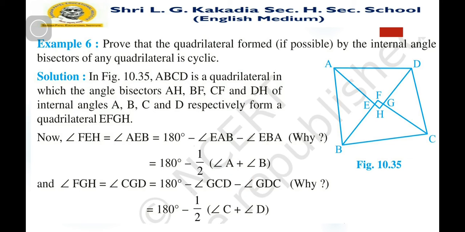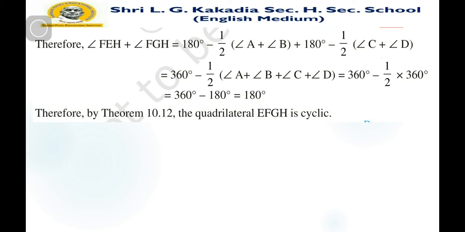Now taking the sum of FEH and FGH, we get 180 degrees minus half in bracket angle A plus angle B plus 180 degrees minus half of C plus D. After solving, 180 plus 180, that is 360, minus half of A, B, C, D. We know that the sum of the angles of a quadrilateral is 360.